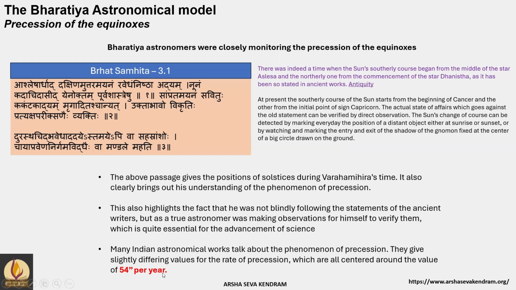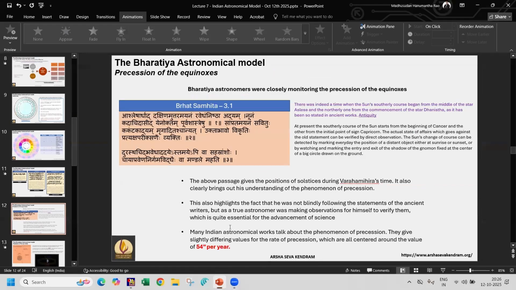And they were able to arrive at this value of 54 arc seconds per year. So every year, the vernal equinox point was shifting at a rate of 54 arc seconds towards the west, continuously moving against the fixed background of stars. So we saw some of these concepts last time as well.